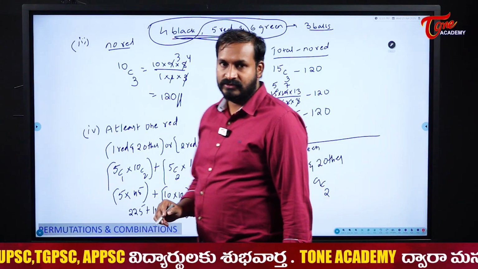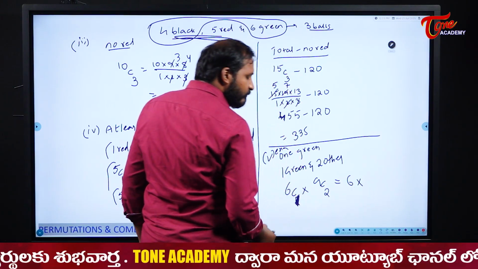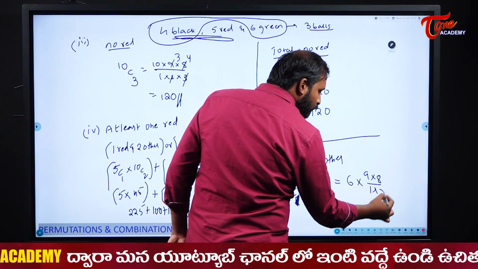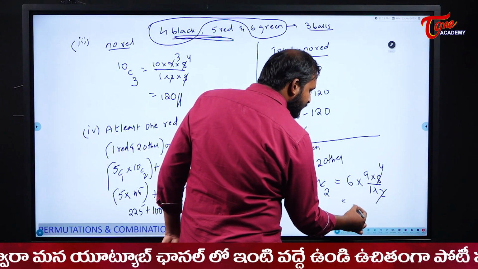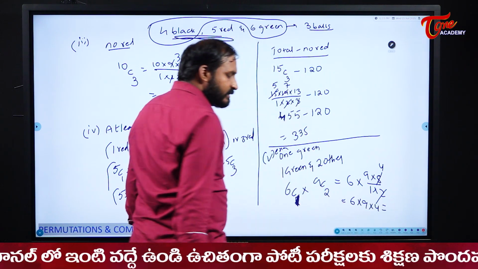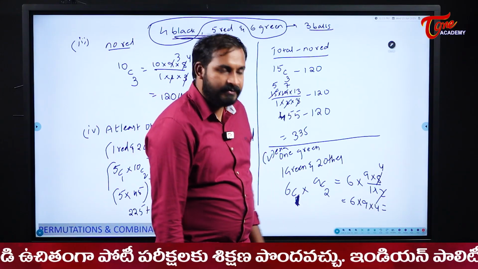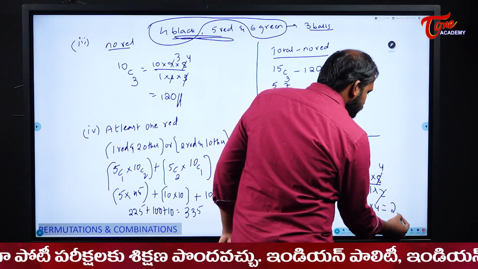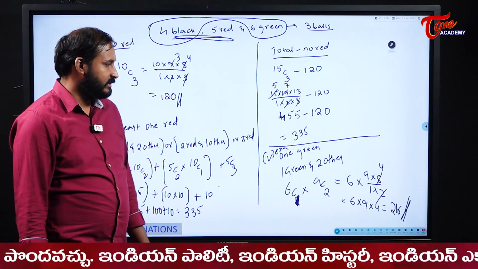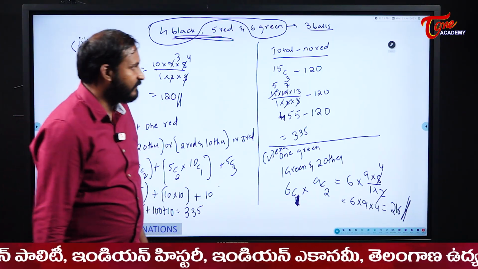So 6C1 into 9C2. 6C1 is 6, and 9C2 means 9 into 8 by 1 into 2, which is 36. So 6 into 9 into 4: 6 4s are 24, 24 into 9 becomes 216. Understood? These are the different methods to find the answer.